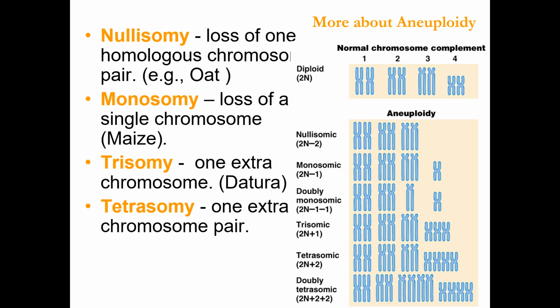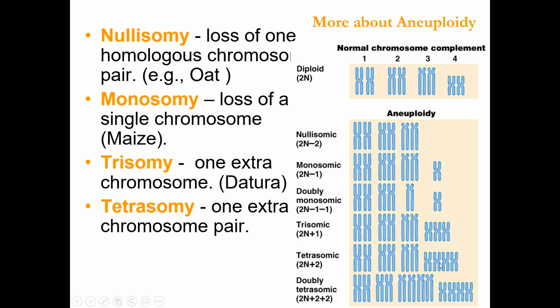Then in another condition, what you call tetrasomy, one extra chromosome pair. That means 2 chromosomes with one extra chromosome pair. That is what you call tetrasomy. So in the tetrasomy, there will be same thing, but there will be one extra chromosomal pair.